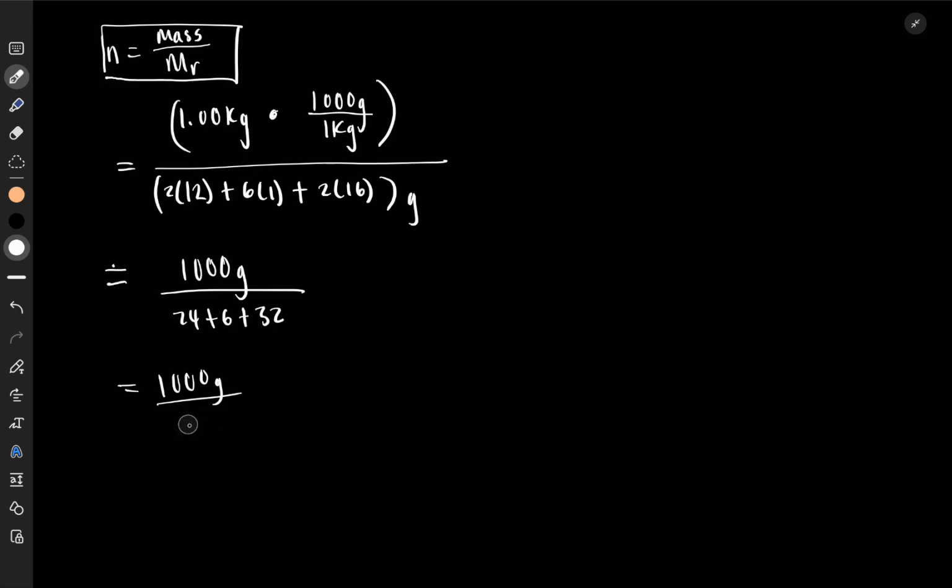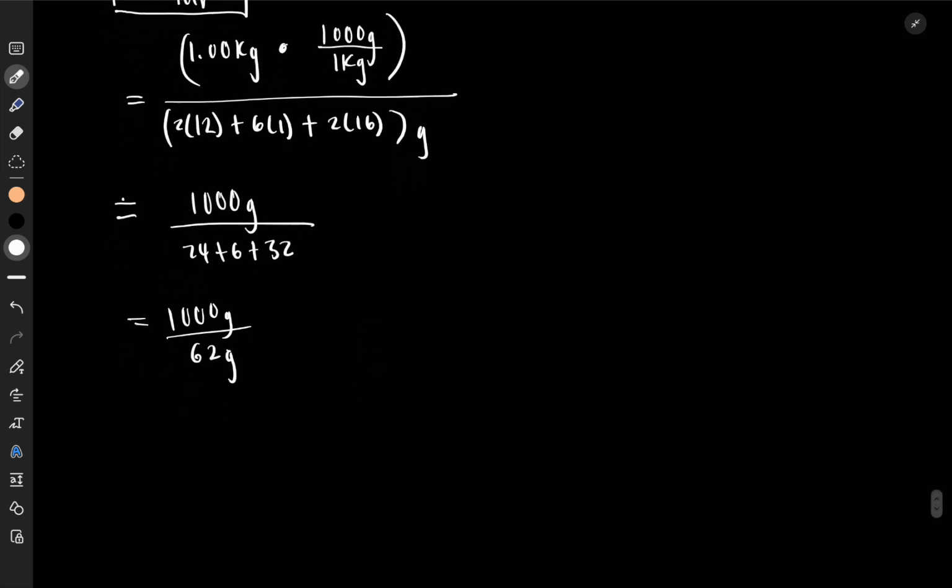Or 62? So now we're going to say over 62 grams. We'll now say 1,000 divided by 62. We'll get 16.13 moles.